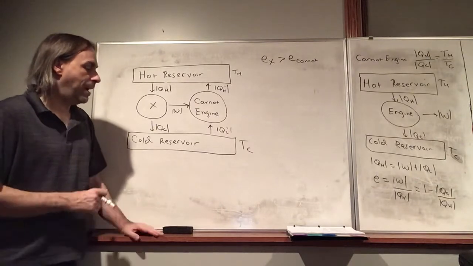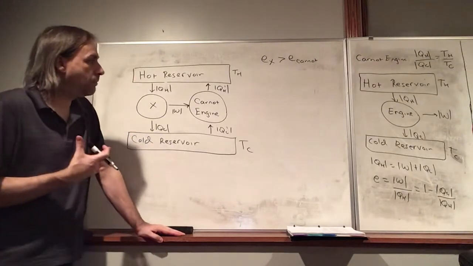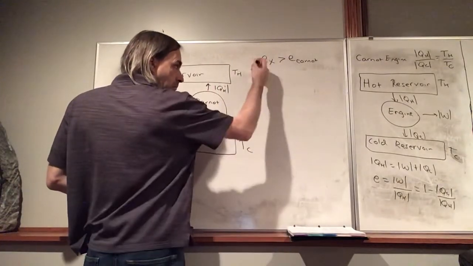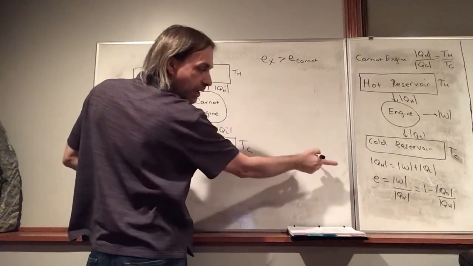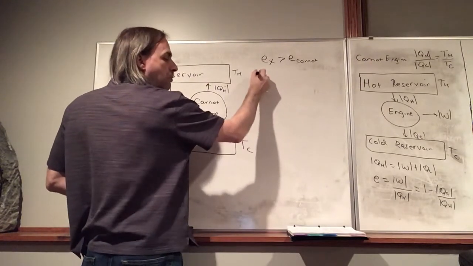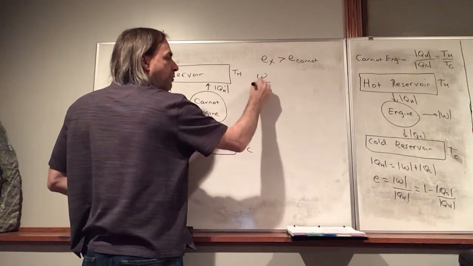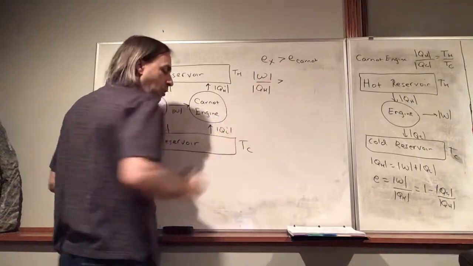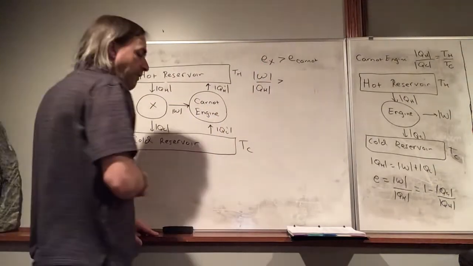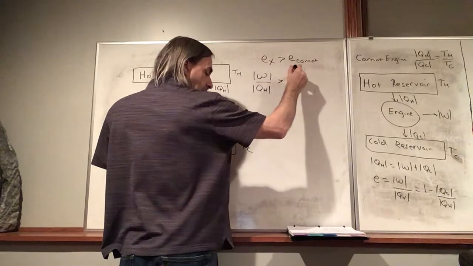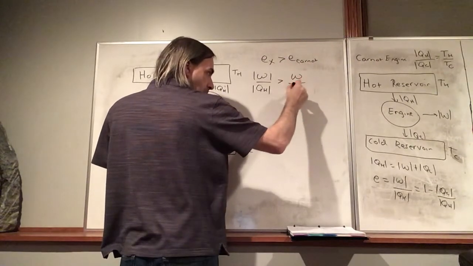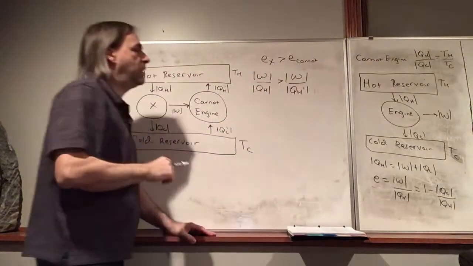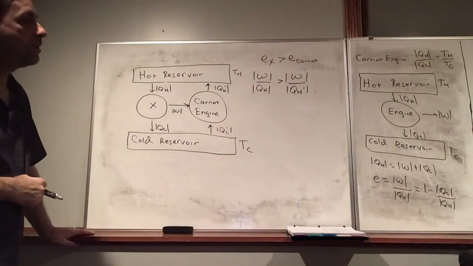So the efficiency of engine X would be W over QH. And we're saying that that is greater than the efficiency of the Carnot engine, which is W over QH prime.